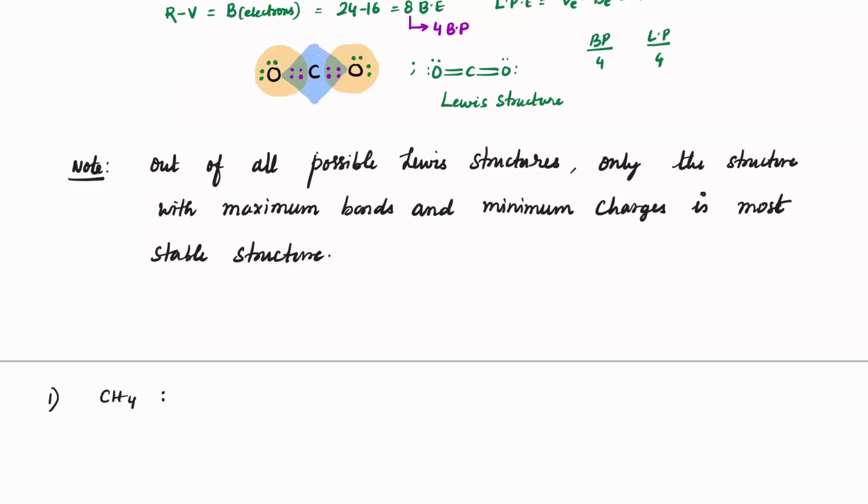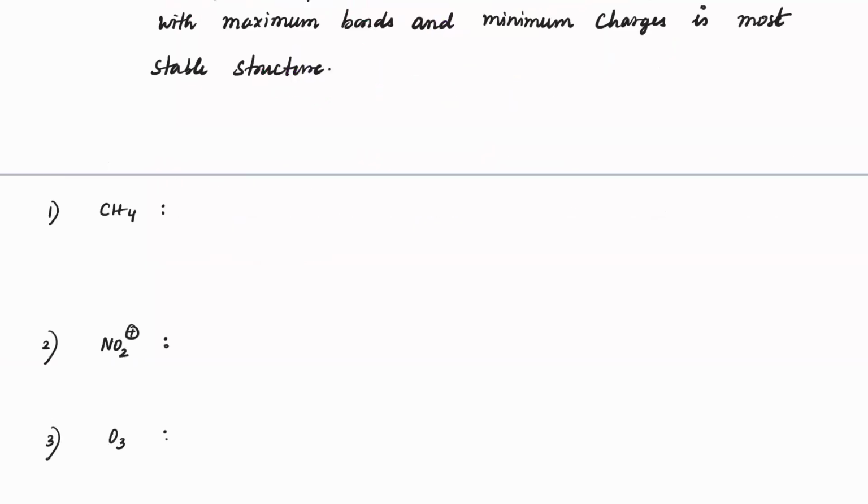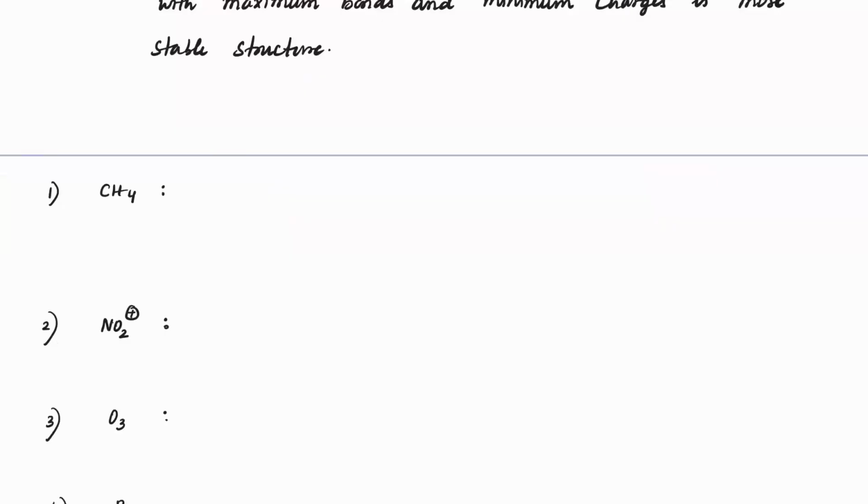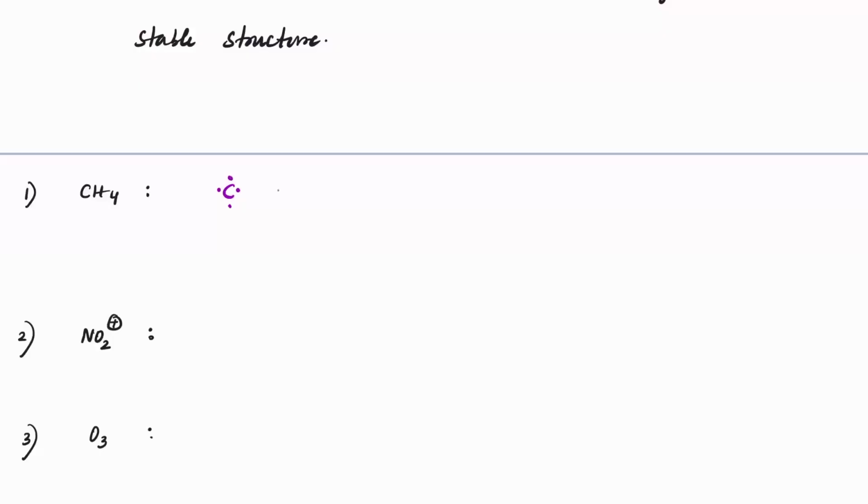Got it? So if I have to complete the octet for carbon, for instance, I need to search for that particular route where I have the maximum number of bonds. So for example, with CH4, carbon has 4 electrons plus 4 hydrogen atoms, which would give carbon with 8 electrons surrounding it and 4 hydrogens surrounding it.